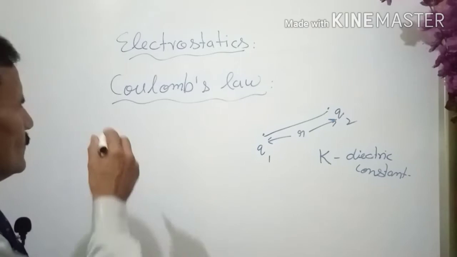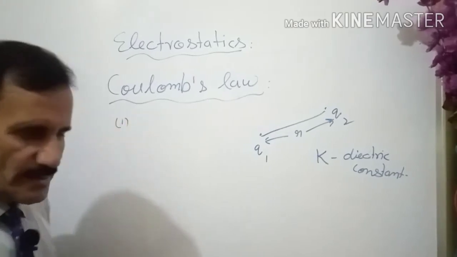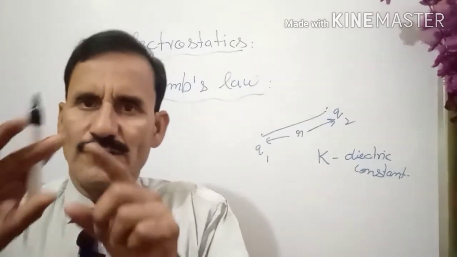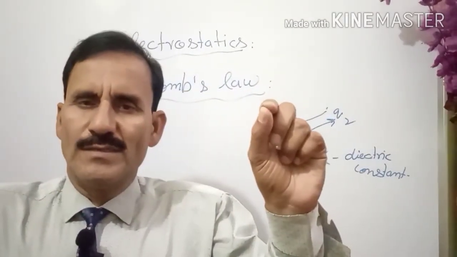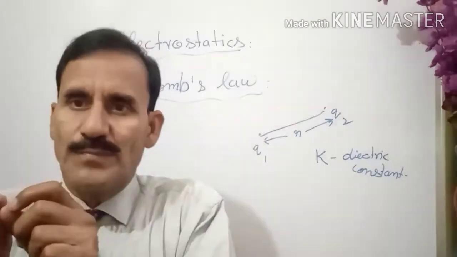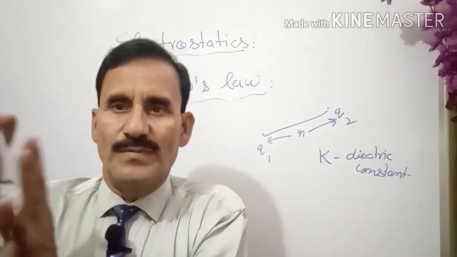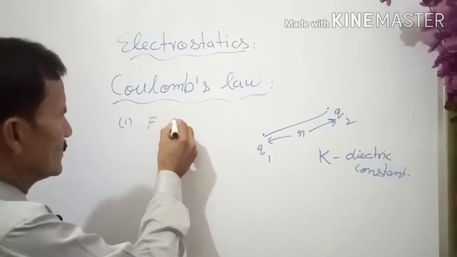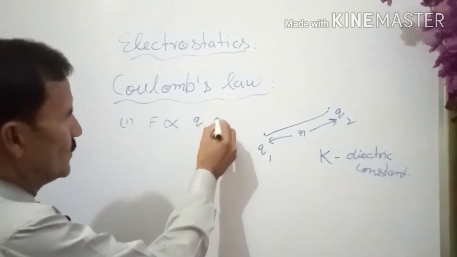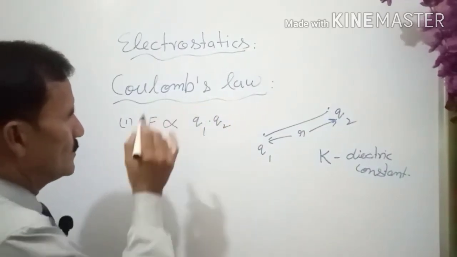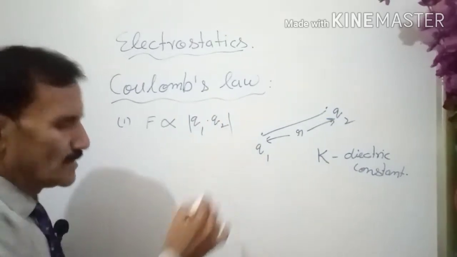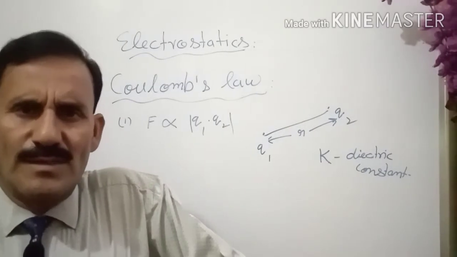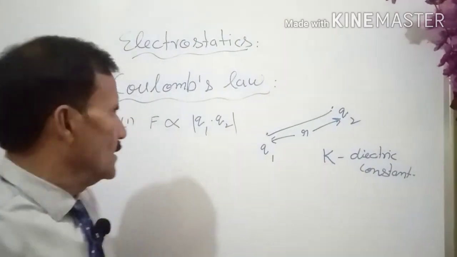Now Coulomb gave two laws, which he found by experiments. He said the force between two point charges is directly proportional to the product of the magnitudes of the charges, Q1 Q2, with no consideration of minus or plus sign.